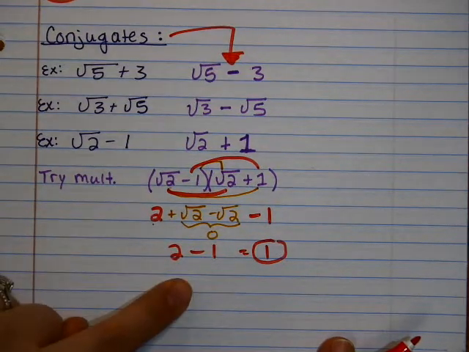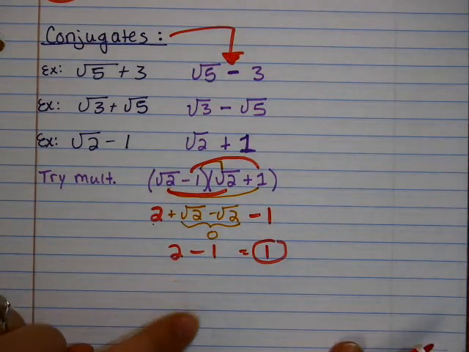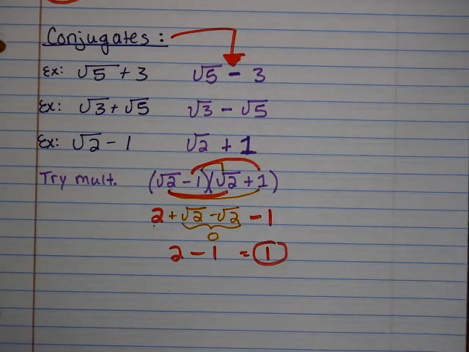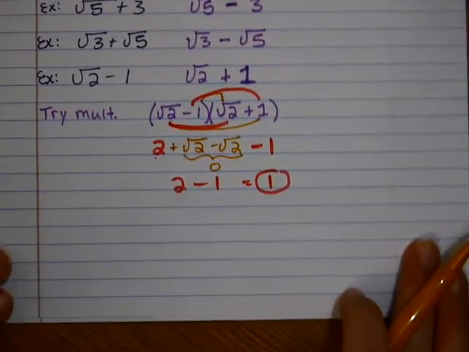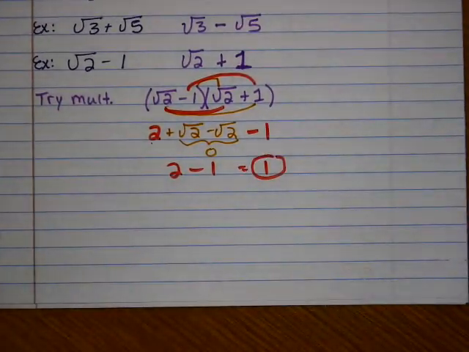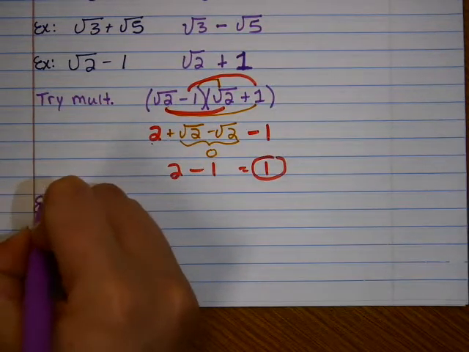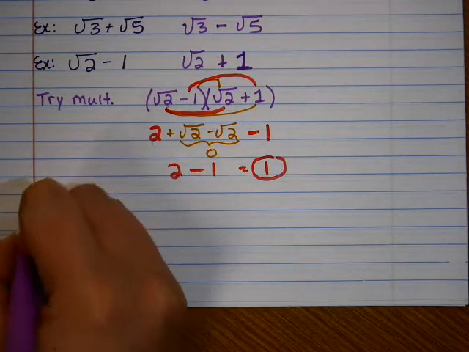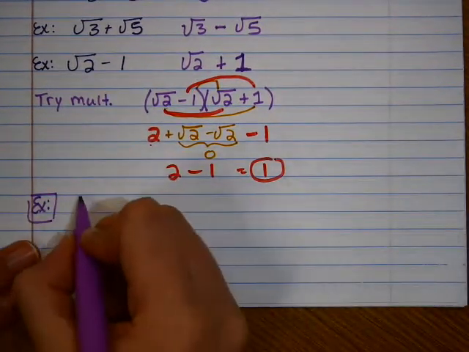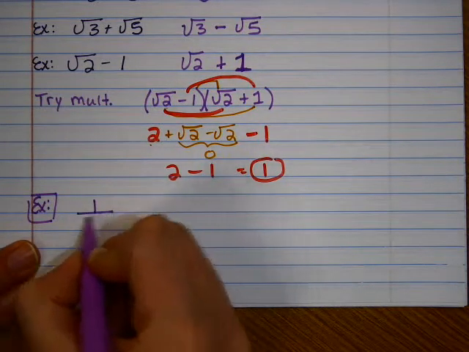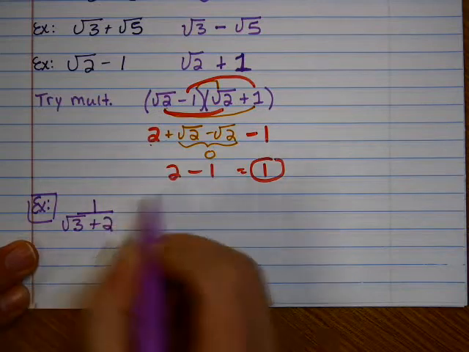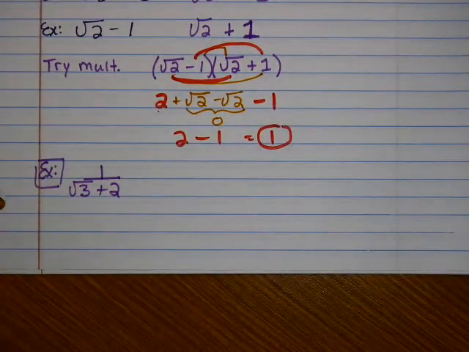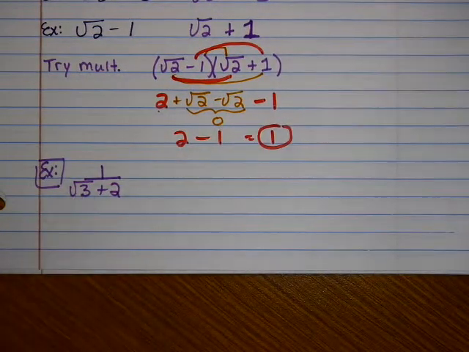This is so helpful when we multiply by a conjugate and we have a square root in our denominator. So let's try an example of what we would use a conjugate for. So if I have 1 divided by the square root of 3 plus 2, and I say simplify this. Well, how do I get rid of that square root?